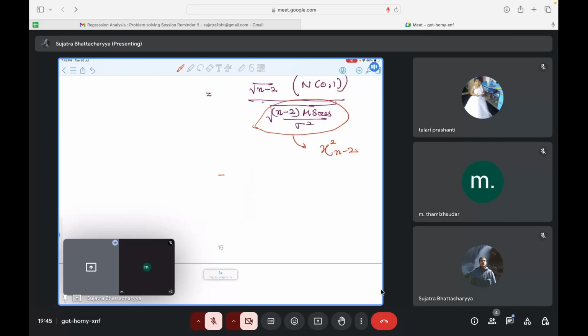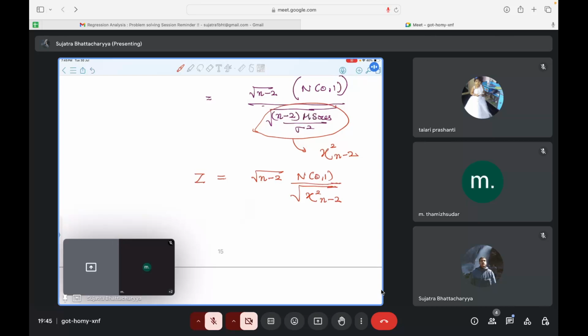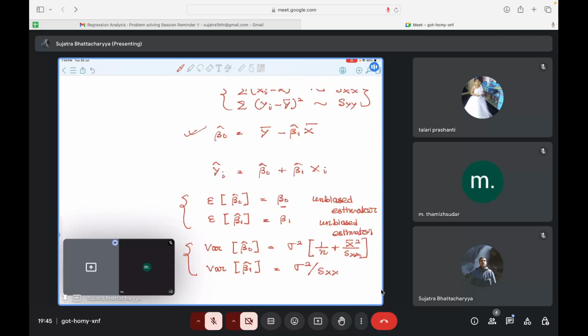If time permits, I will show you why it is chi square n minus 2. For the time being, just accept it. Therefore, normal 0, 1 divided by root over chi square n minus 2. Now, can you tell me what is this distribution? See, in the very beginning, we have seen this.